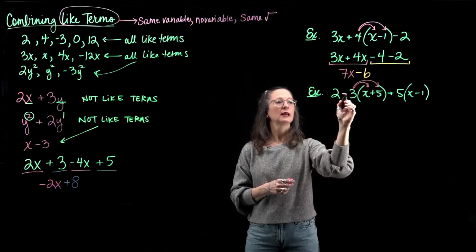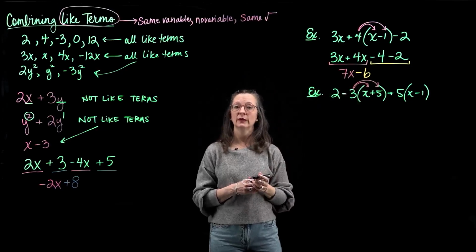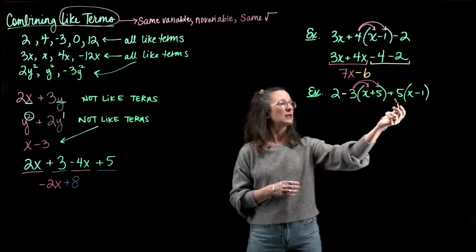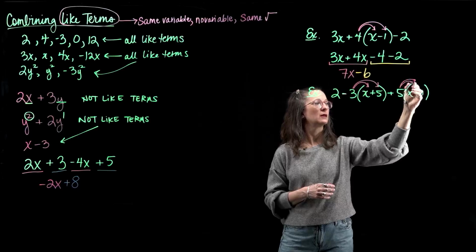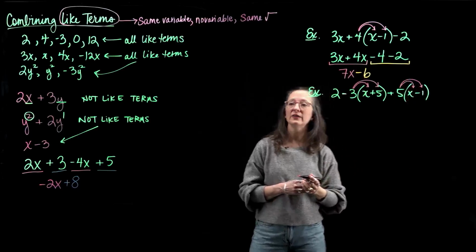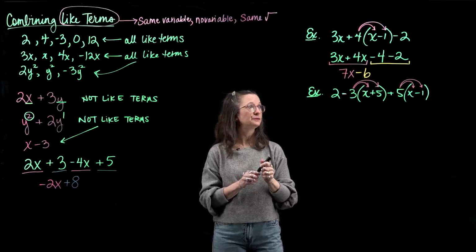I'm going to mark that negative in pink just to remind me that it goes with the 3. Looking at this other set of parentheses, I'm going to do the same thing. The 5 is going to get distributed to the x and the minus 1.